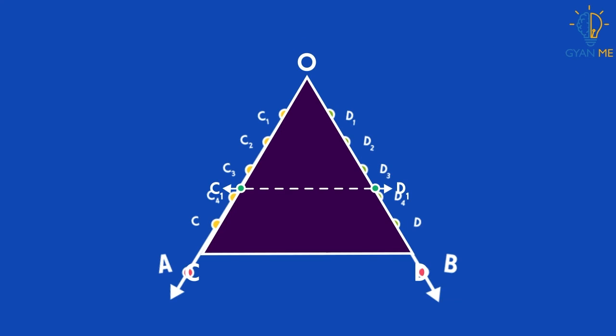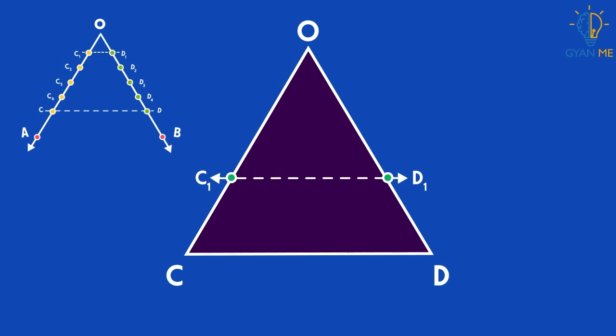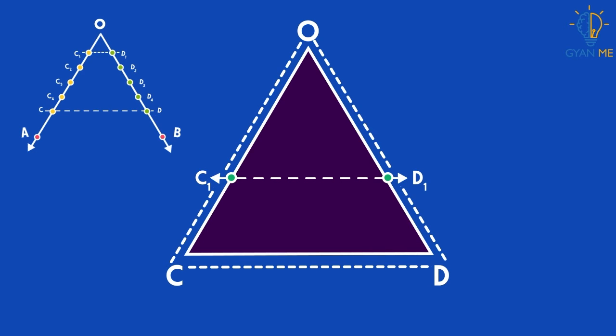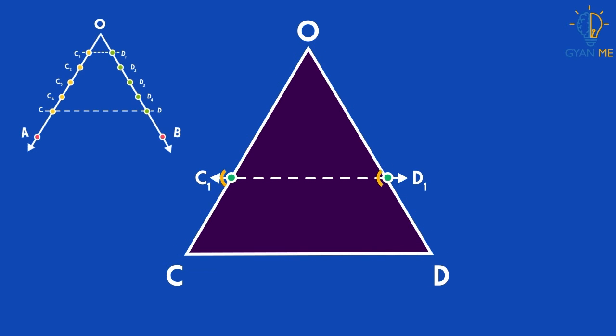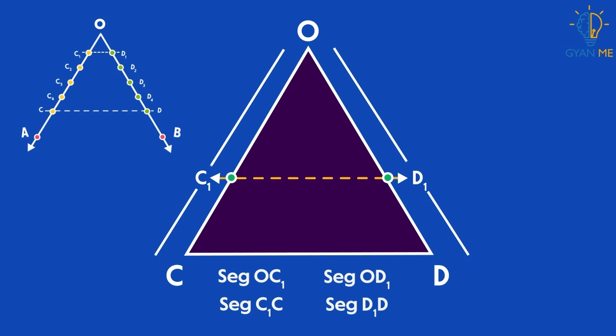Now students, observe the figure carefully. Can you identify a triangle out of it? Yes. If we consider OCD as one triangle and C1 and D1 as two points on sides OC and OD respectively, then line C1D1 divides sides OC and OD in two segments, namely OC1 and C1C on side OC, OD1 and D1D on side OD.